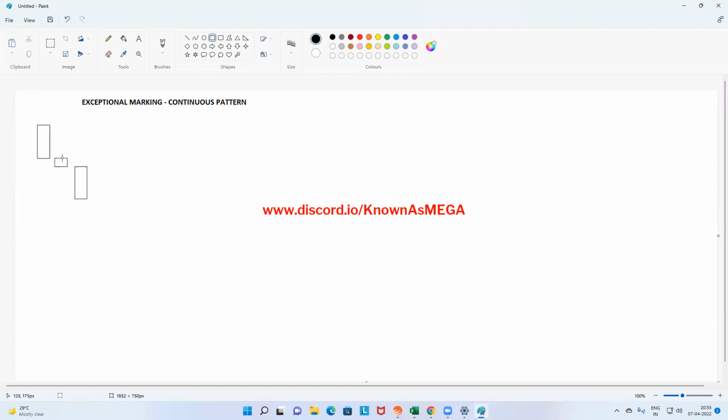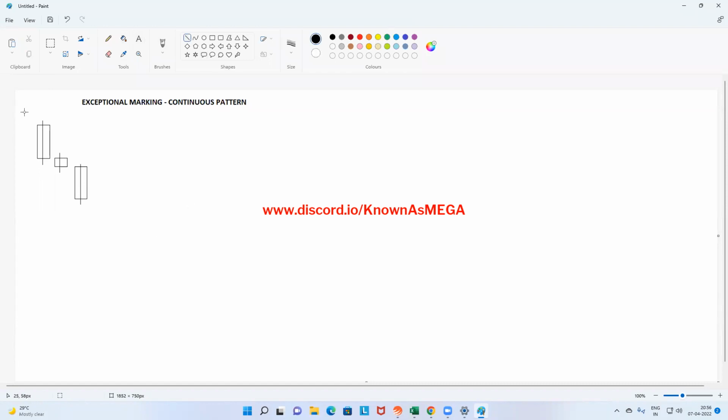You have to worry about just base and leg out because it is a continuous pattern. So reversal can either occur from base or can occur from, come on guys, respond. Correct, leg out.